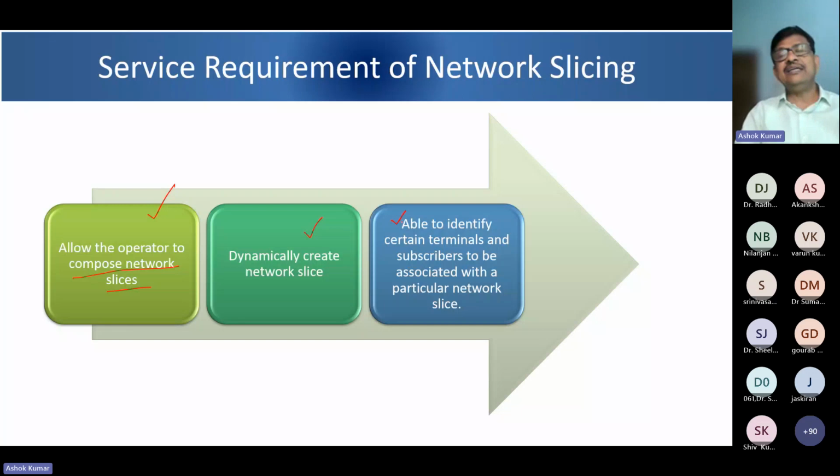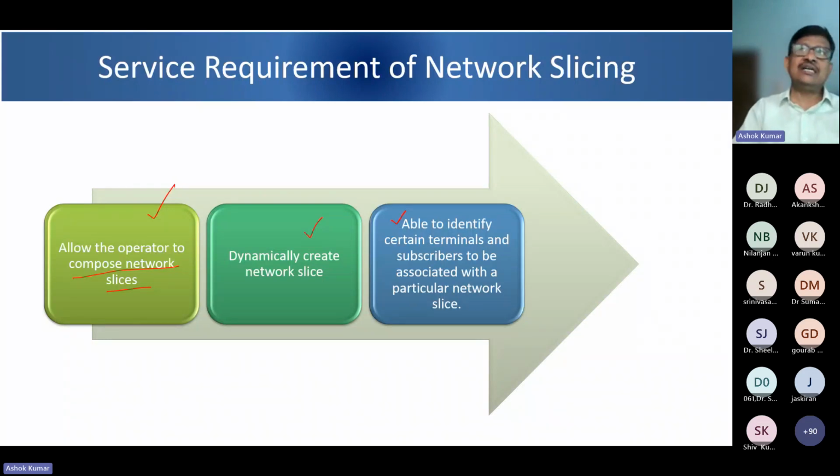And then there should be the ability to decide which user equipment will be able to connect to a particular slice. So the network should be able to identify certain terminals, user equipment or subscribers who can associate with this particular network slice. For example, if I have subscribed to an AR/VR service, I'll be allowed to connect to a slice which supports the AR/VR service.